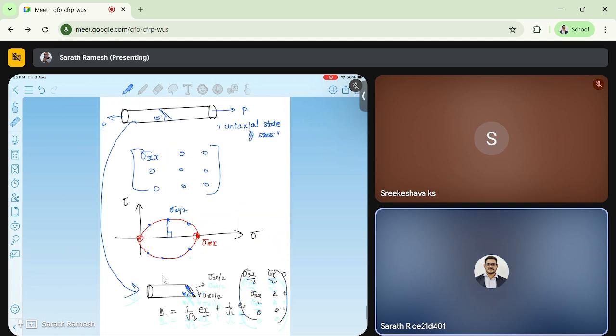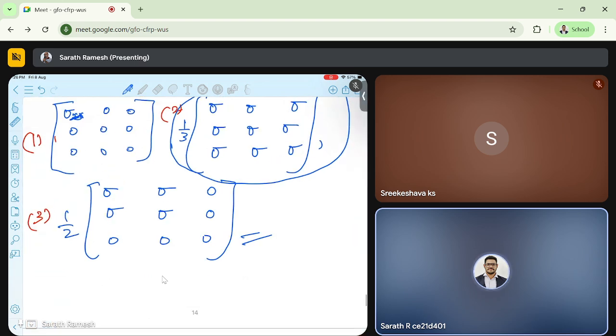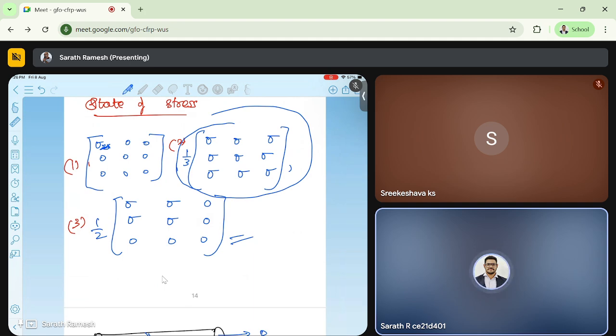Similarly, for this loading, I will have another plane where this stress tensor holds true. So I will have n number of stress tensors corresponding to n number of planes, where everywhere it is a uniaxial stress state. So we should not think that uniaxial stress state means only one component is non-zero and the rest are zero. Then how do we identify a uniaxial stress state?